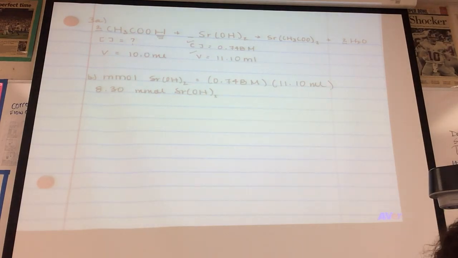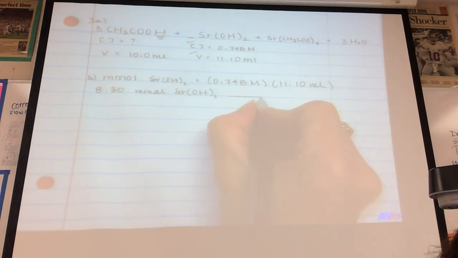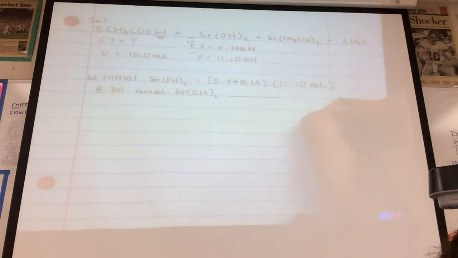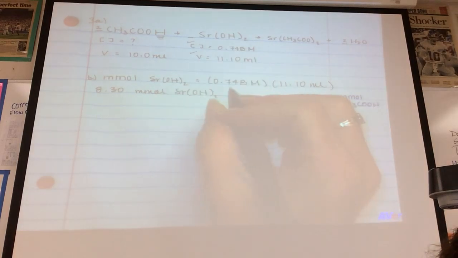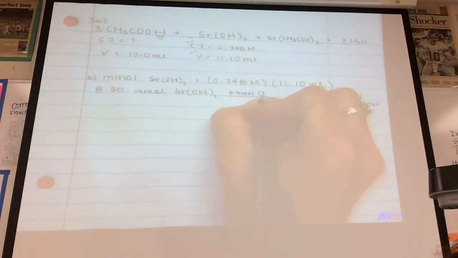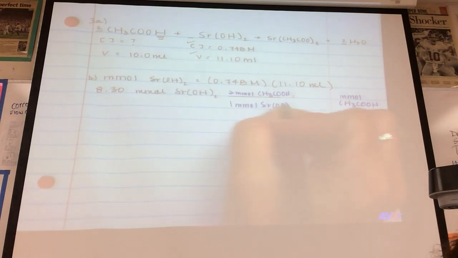How can we get millimoles of the acid? Yep. Stoichiometry, millimole ratio. For every 2 millimoles of acetic acid, you have 1 millimole of strontium hydroxide.